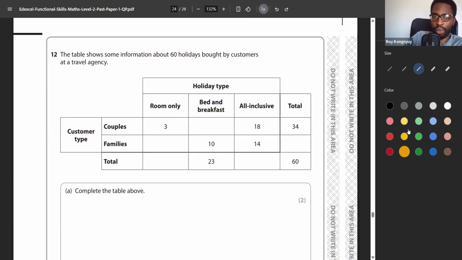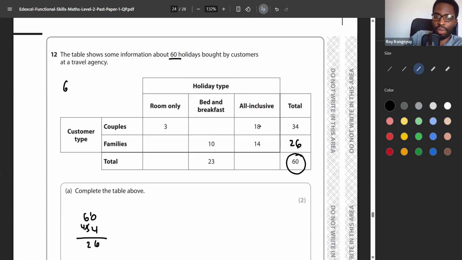So, first important thing, we're already told there's 60 holidays. Right away, we can see that's right here, 60. So if 34 of them correspond to couples, the rest would correspond to families. So there's 60 minus 34, that corresponds to 26. 26 remain.